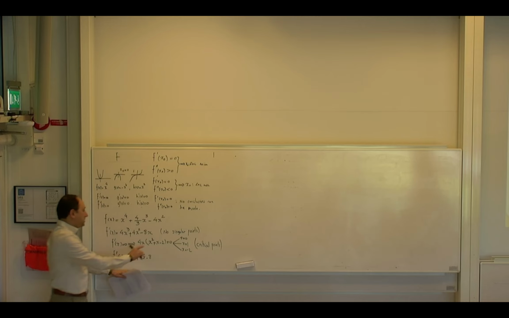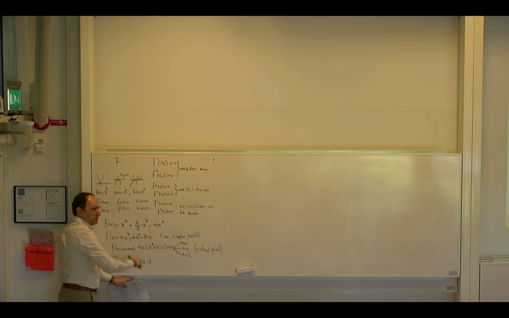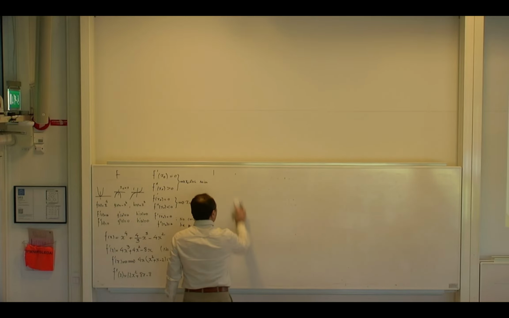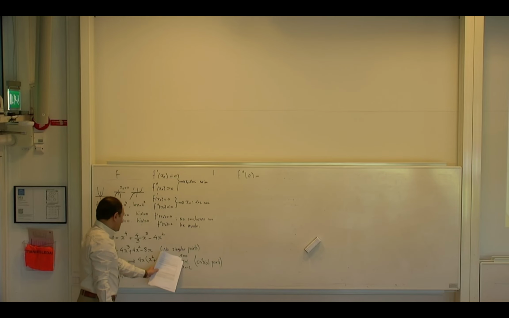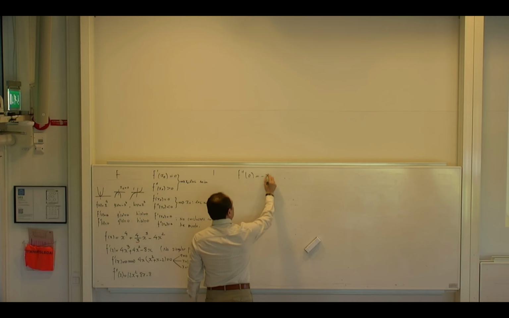And now what I need to do is just plug in these numbers to see if they are positive or negative. So if I calculate f double prime of 0, I get minus 8. This is negative.